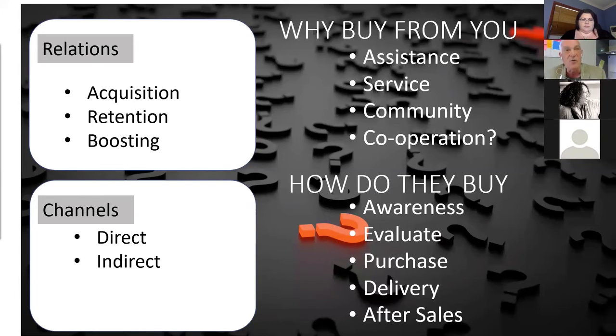The channels that you would send this through operate differently. A direct sales model may be you selling to your customers, a direct business to customer process, or it may be indirect. You may go through a distributor operation, a distributor management system. So managing those two sorts of channels is different for each type of system.